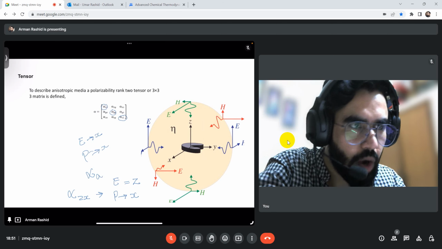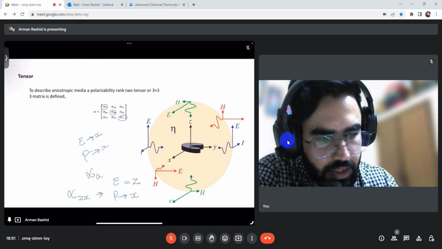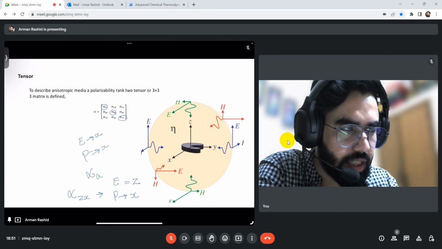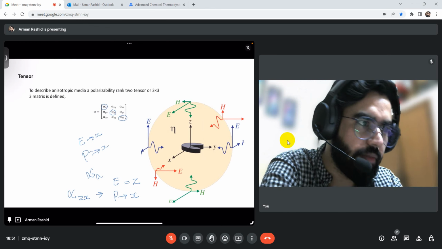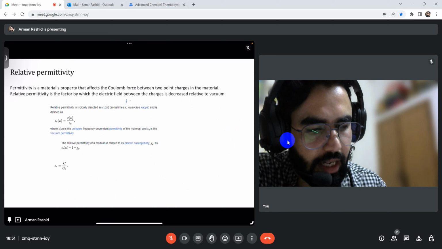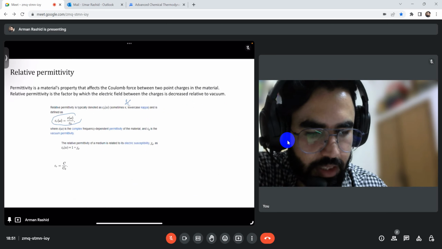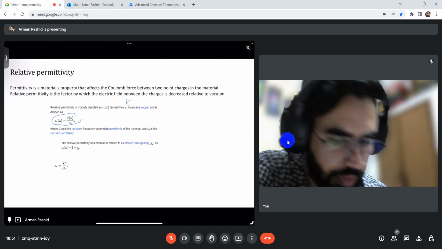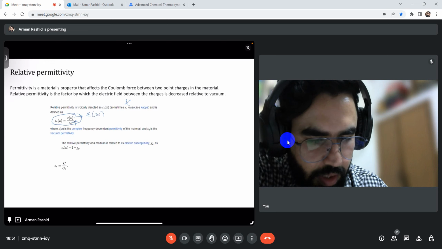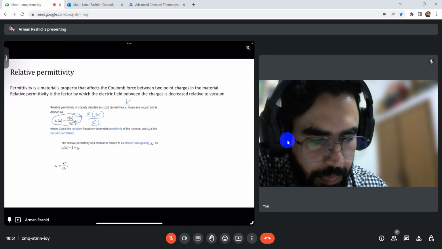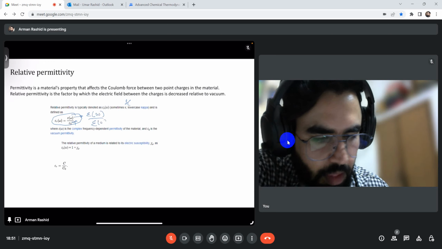It tells us how the Coulombic forces between two point charges are affected in a particular medium with respect to that of the vacuum. Relative permittivity, also called the dielectric constant, is given by epsilon r equal to epsilon divided by epsilon naught, where epsilon is the permittivity in a particular medium and epsilon naught is the permittivity in vacuum.